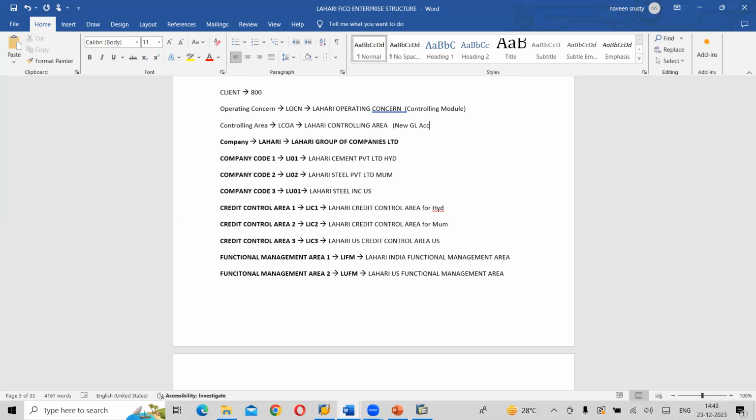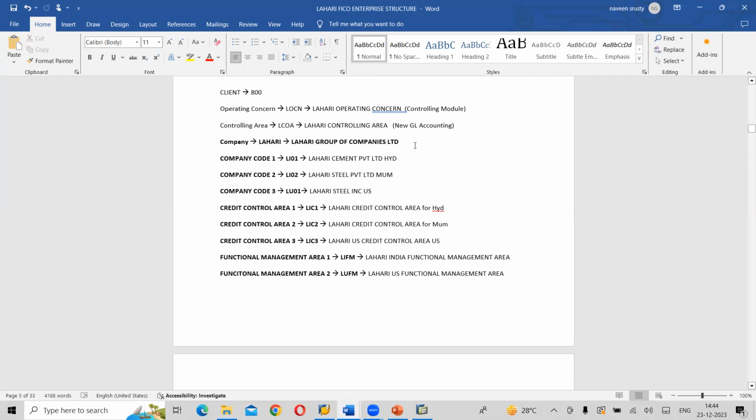So this is LCOA, which is nothing but Lahari chart of accounts. Sorry, controlling area, Lahari controlling area.